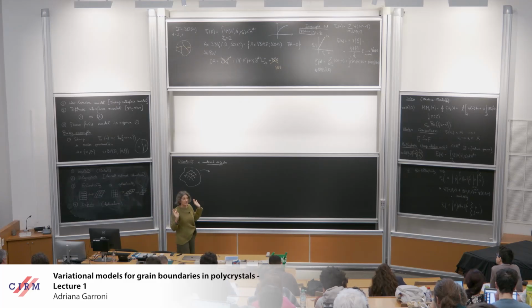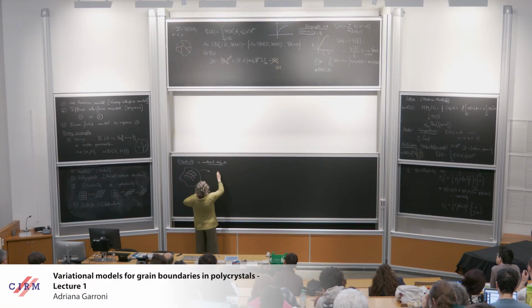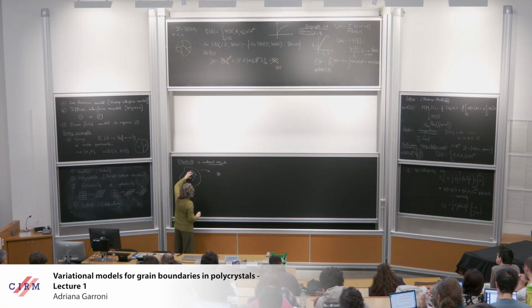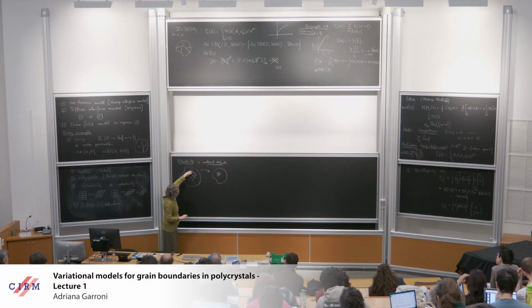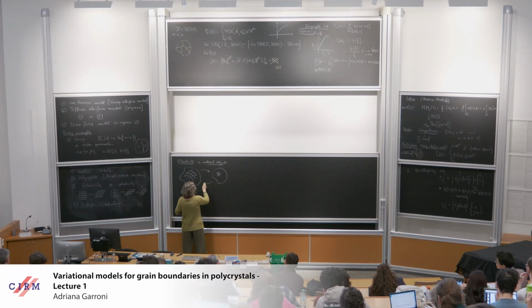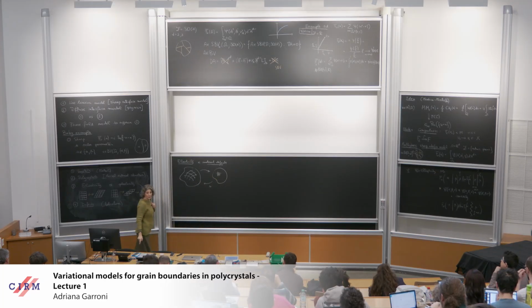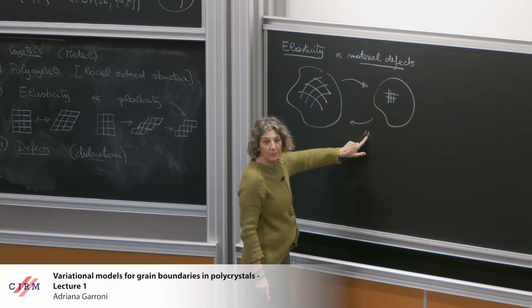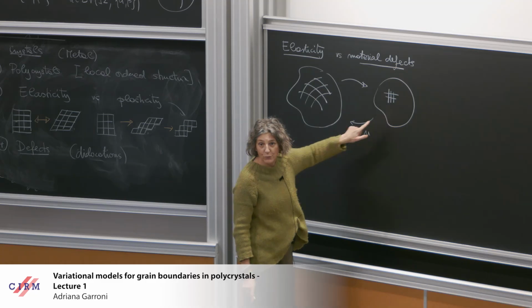It's continuum mechanics, so it's a continuum body, but you believe that this distorted body has a lattice which is distorted, so you map it onto the reference configuration, and you describe how distorted this domain is by measuring the distance between the distorted lattice and the reference configuration. Actually, in continuum mechanics what you do is the opposite. You take your reference configuration and map it into your deformed configuration. Whether you consider linear or nonlinear displacement or deformation, the map u is the map from the reference configuration to the deformed configuration.